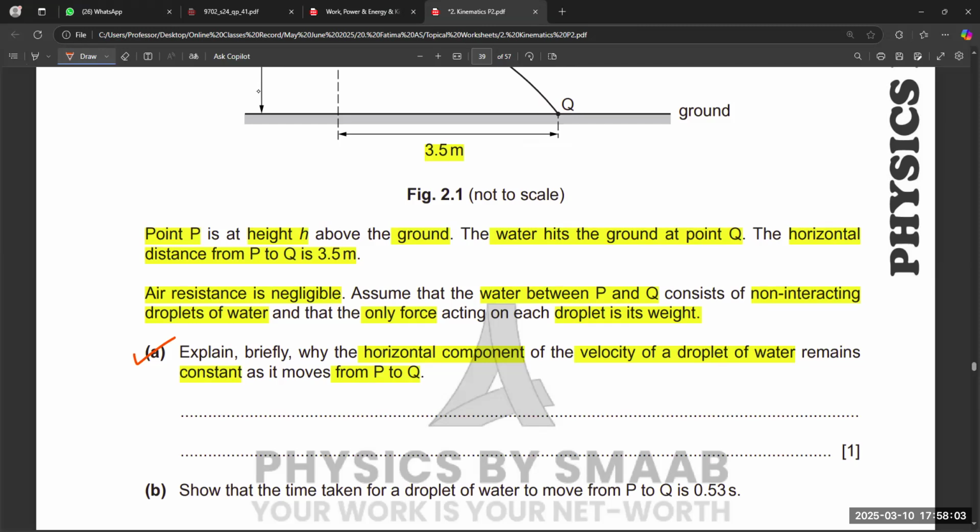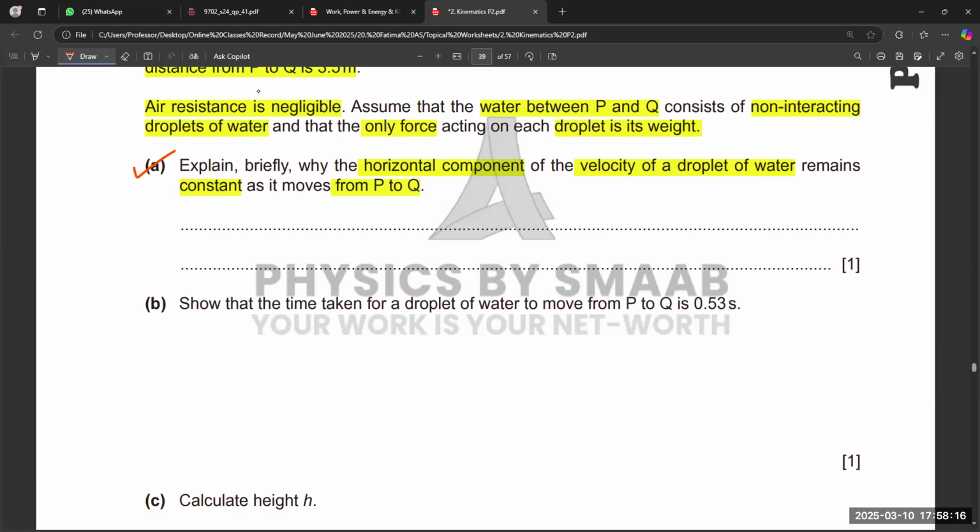No, there is only one force acting, which is only the weight of the body, and that's why we can say that the resultant force acting on a body, especially on the x-axis, is equal to 0. So it remains the same, right? So air resistance is not present.